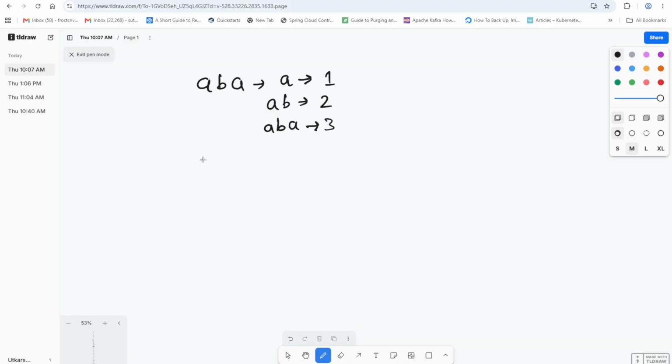For the same example, suppose A is there, so it can print AAA, so the cost will be 1. Now they have given that we can override the existing character also, so this we can do. We have overridden this A with B, so now the cost will be 2.